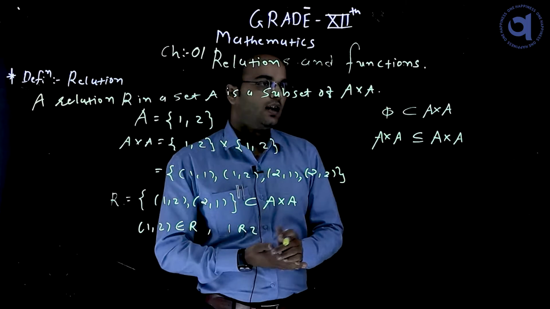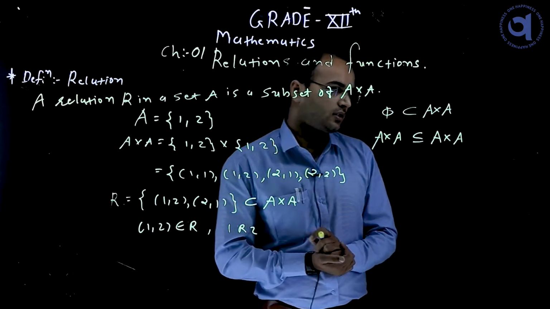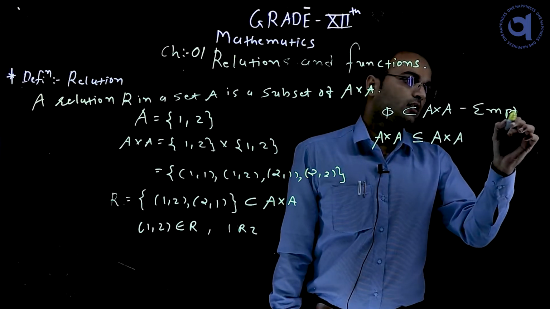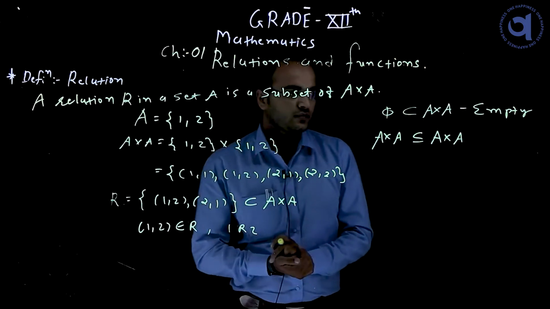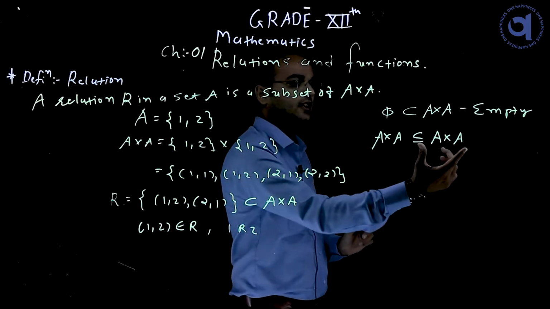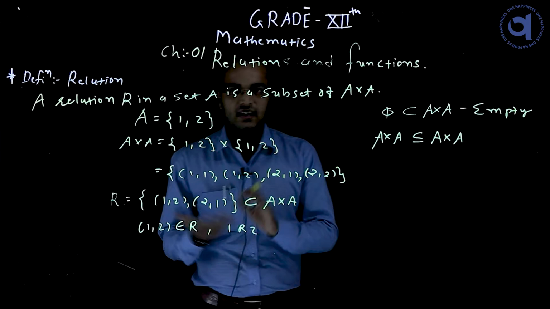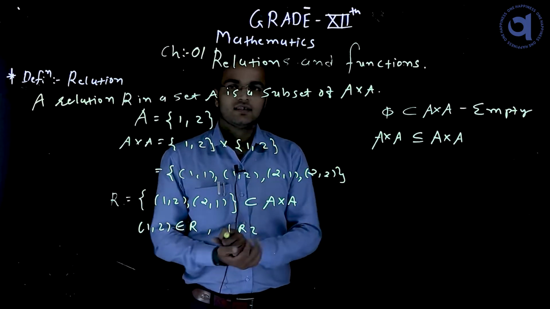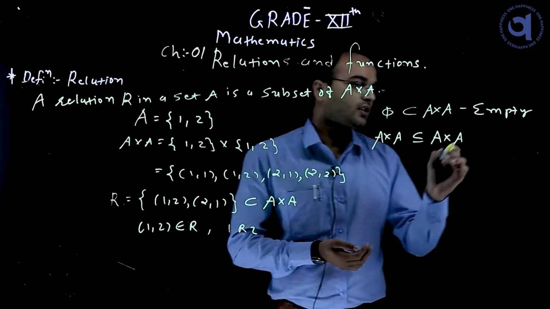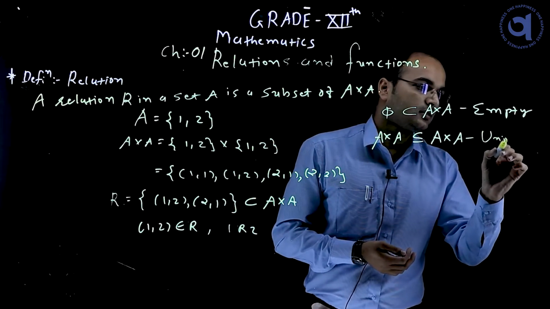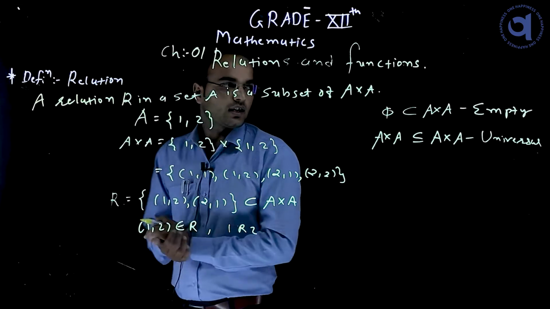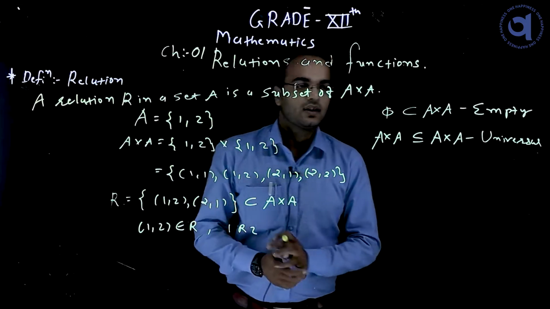This set phi is called the empty set, and that's why it is called the empty relation on A. And A cross A is the biggest subset of A cross A. In set theory the universal set is the biggest set, so that's why it is called the universal relation on the given set A. These are two particular types of relations.